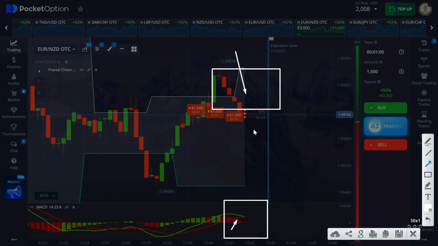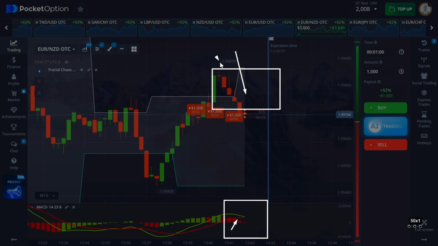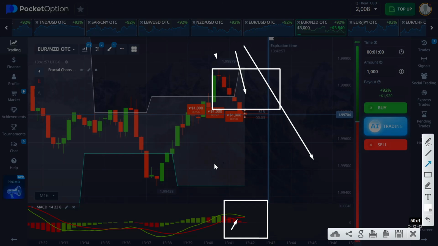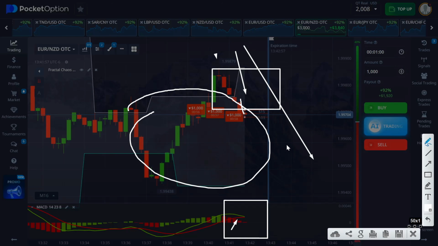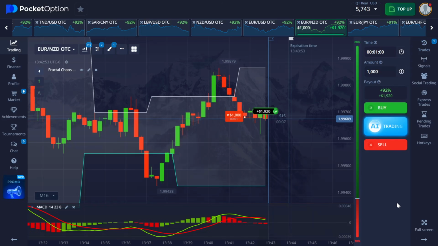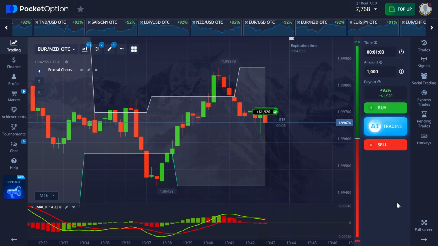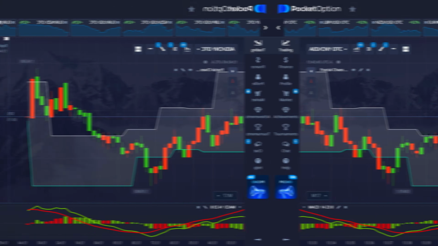Okay, now as you see, there was a momentum coming down also, so I'm expecting the price to just come all the way down, because we have just entered inside of the fractal chaos band. As you see, this is the band right here, and the price enters inside of the fractal chaos band, so I'm expecting price to continue and go further down. Let's see what's gonna happen. Okay, beautiful, guys, beautiful. That trade was a winning trade.